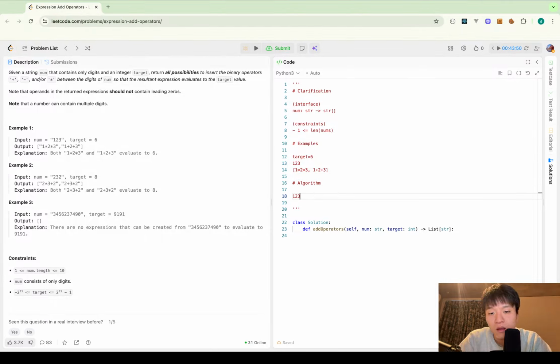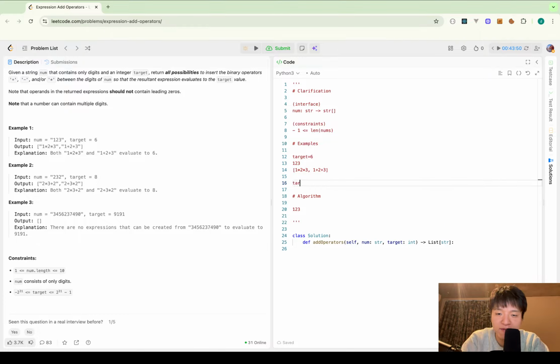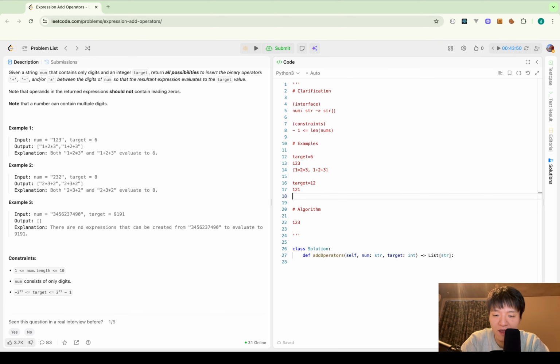By the way, there's another interesting case. For example, if the target is 12, I can create 12 with this. So the operand can have two or more digits. That's what I have to remember and take care of.